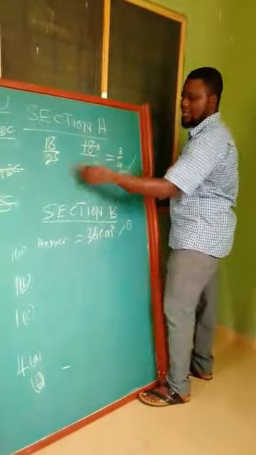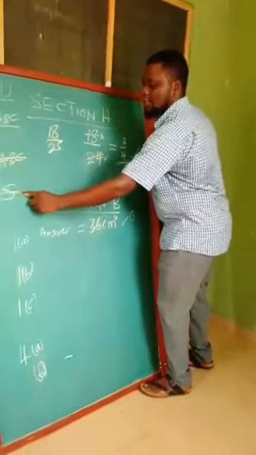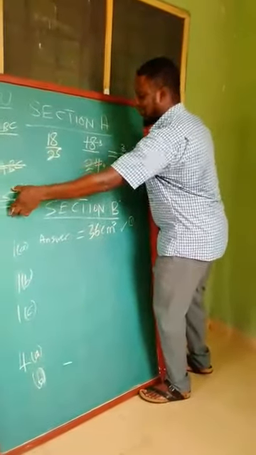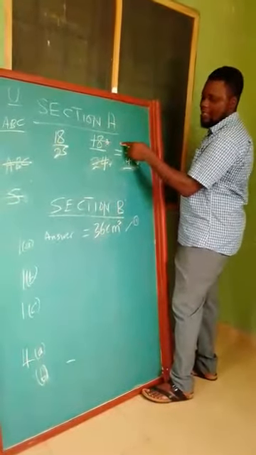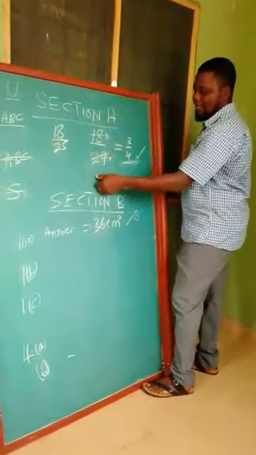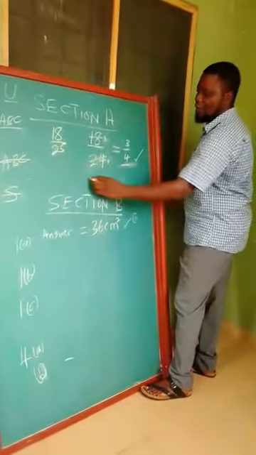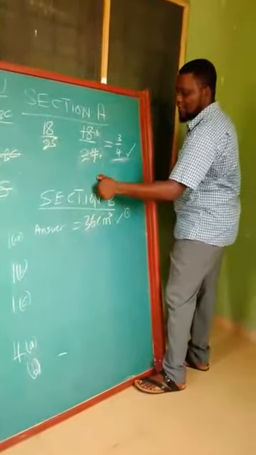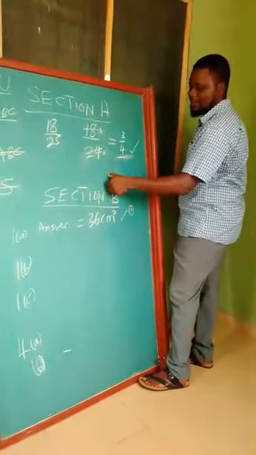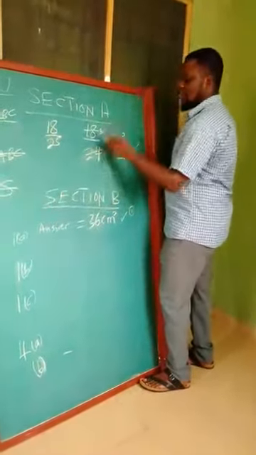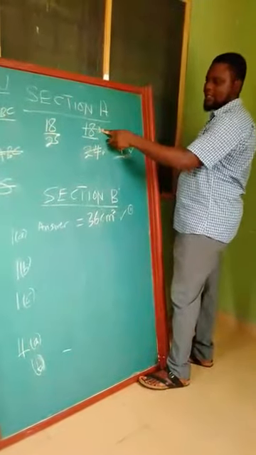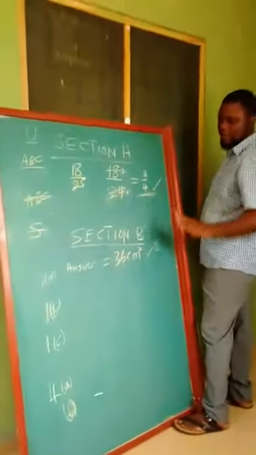Otherwise, you just write the 3 without undoing your action, and you have a line across the 3, and that will spoil your work. So when you are through, move the cursor, or if you are using your phone, click on the space bar to go one step ahead. Then you undo that. Then you come back and continue, write the 3 there. This one removes it, then you are okay.